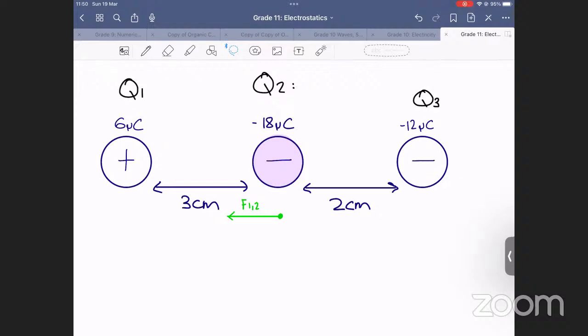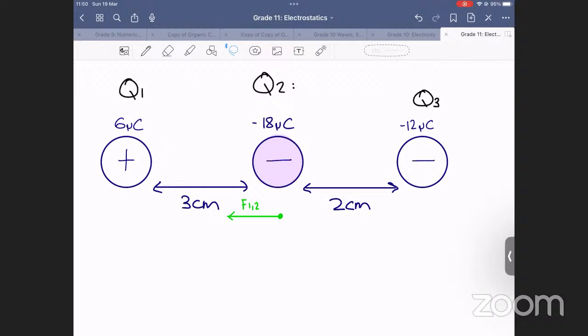Now, in which direction is the force that Q3 exerts onto Q2? I know the way I phrase it sounds weird and makes you want to say the wrong answer, but there's nothing wrong with my English. It makes perfect sense, right? In which direction is the force that Q3 exerts onto Q2?